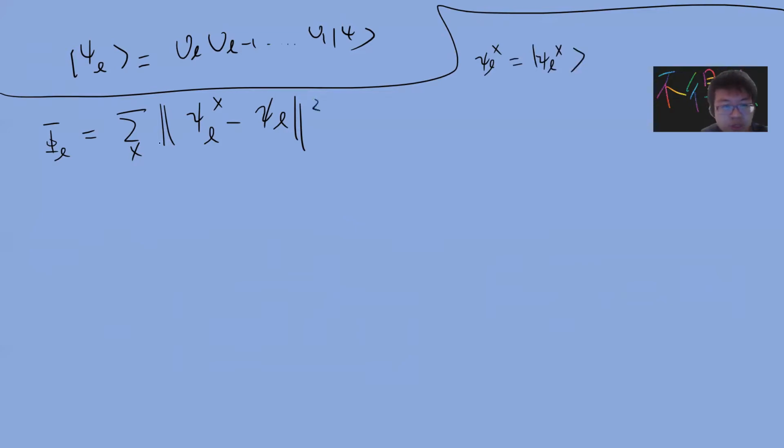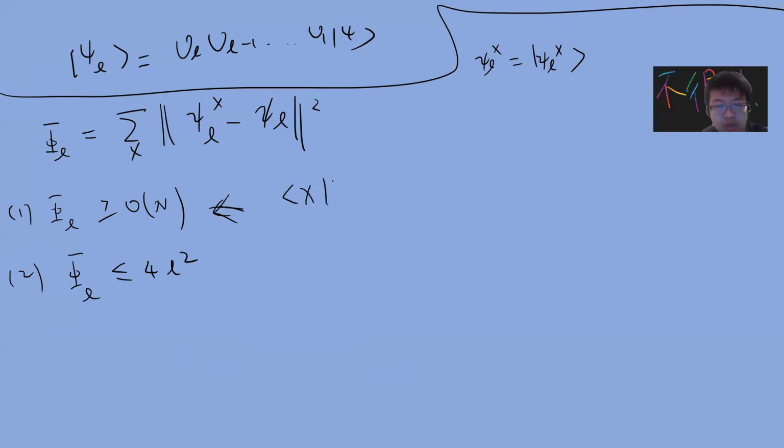We want to prove two things about this phi_L. The first one is that phi_L is greater than or equal to big Omega of n. And the second one is that phi_L is less than or equal to 4L squared, subject to the condition of what we previously required.